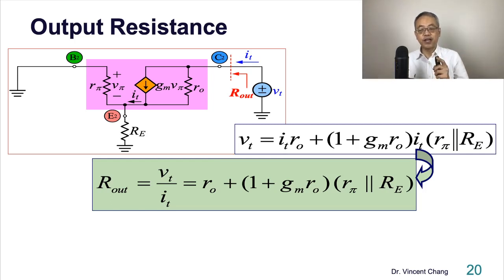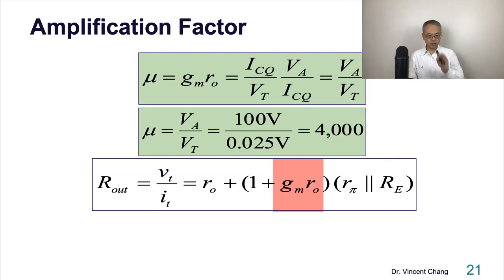So it's much, much bigger than RO plus RE, right? Let me introduce one thing, because this is going to happen over and over again in the upcoming lectures. Transconductance times the resistance is a constant. It's one number. IC is proportional to bias, RO is inversely proportional to bias ICQ, so it gets cancelled. It's the Early voltage divided by the thermal voltage. The typical value for Early voltage is 100 or 125 for bipolar integrated circuit technology.